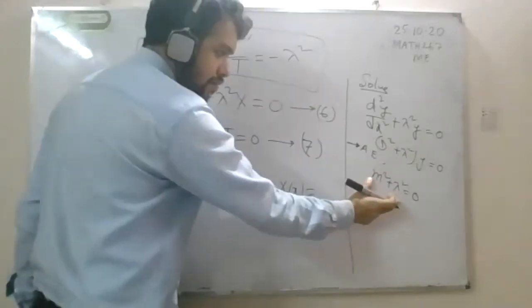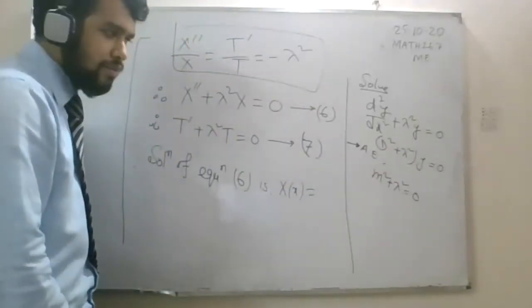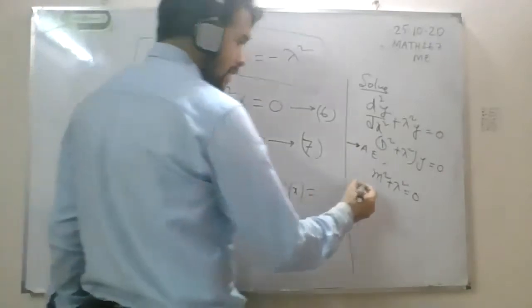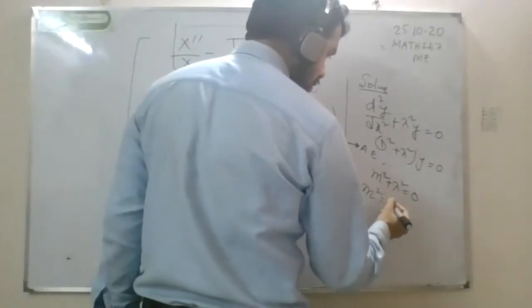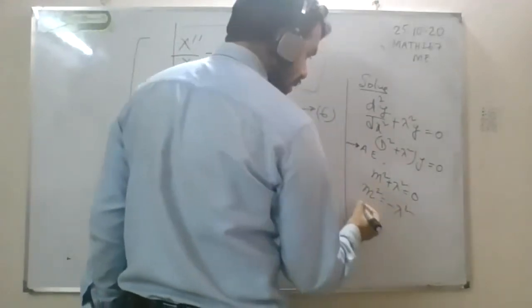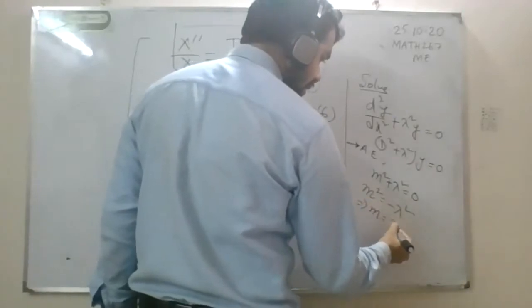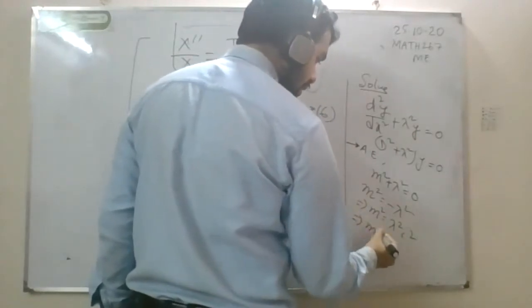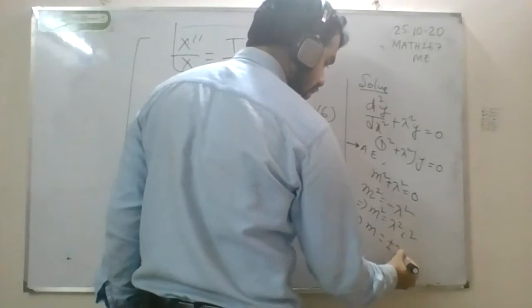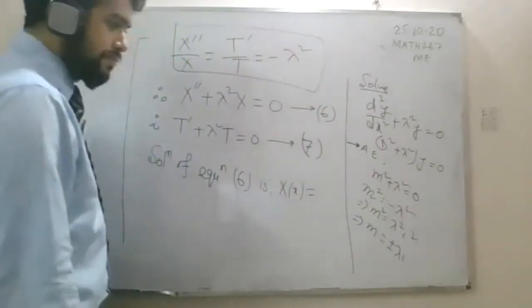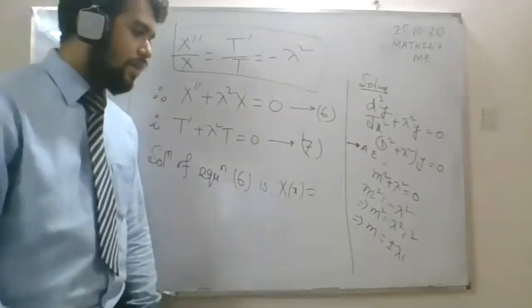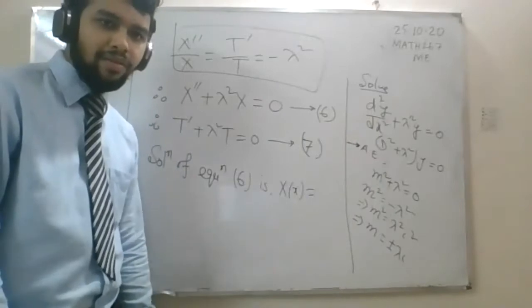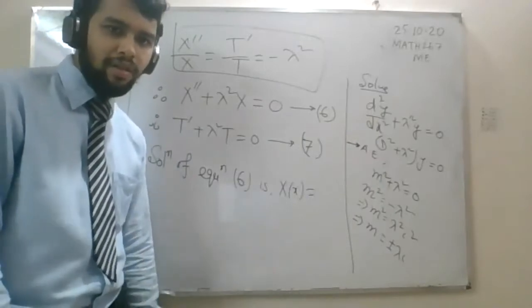You get the auxiliary equation m square plus lambda square equals 0. From here, m square equals minus lambda square, which is lambda square i square, so m equals plus minus lambda i. This is the roots of this equation, and now you have to find the complementary function from here.